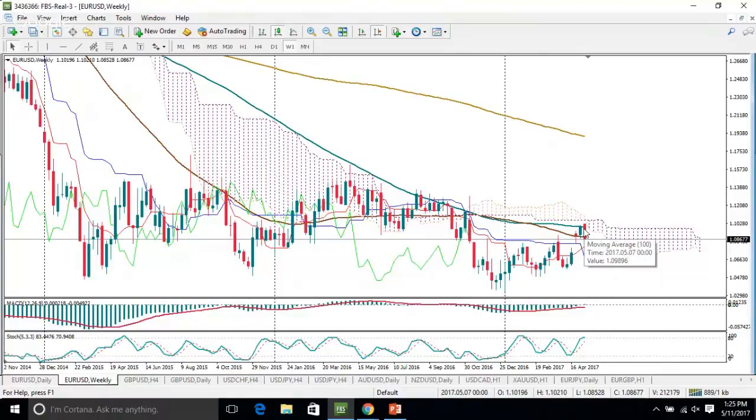One is located at 109.90, and the second one is located at 108.87. So keep looking at these levels, because they really are important.